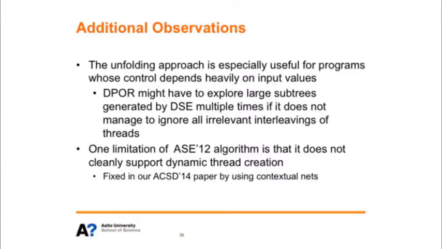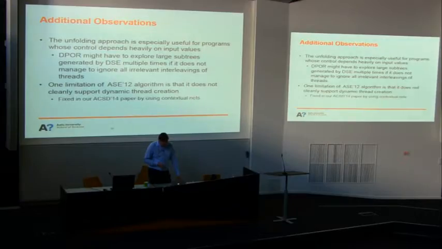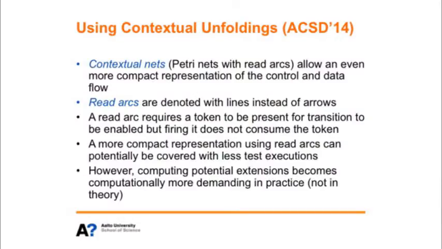This approach is very useful for programs where the control depends heavily on input values, where DPOR might explore large subtrees. As said, dynamic thread creation wasn't easy. We actually have another paper that improves on this. This was our first paper from 2012. We've done some more stuff.